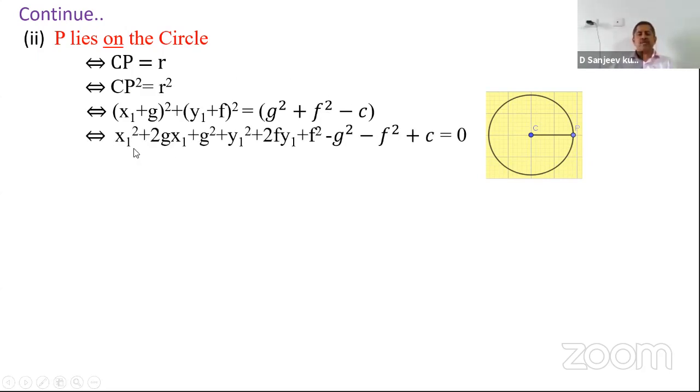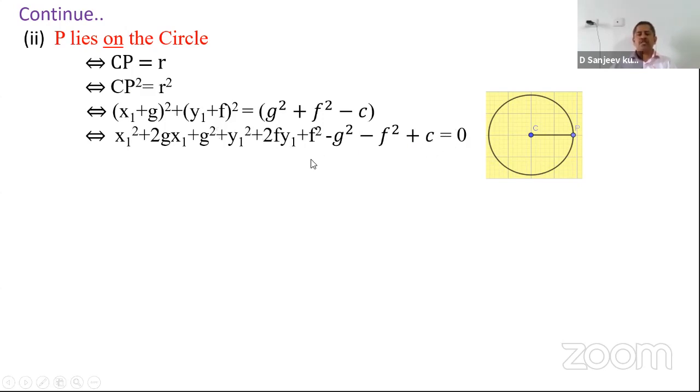What you get is x1 square plus 2gx1 plus g square plus y1 square plus 2f(y1) plus f square minus g square, because it is plus here, the other side goes as minus, minus f square, and because it is minus here, the other side goes as plus c is equal to 0.